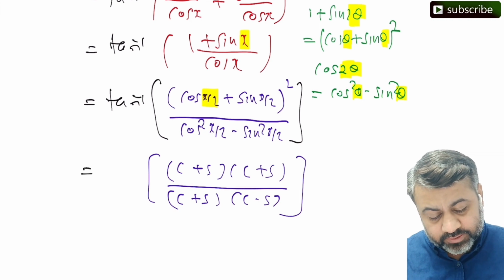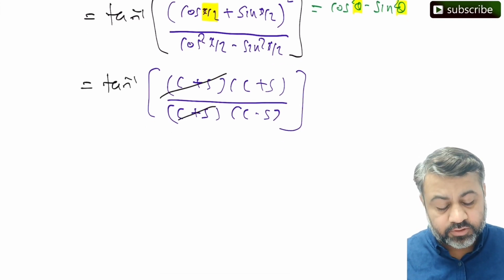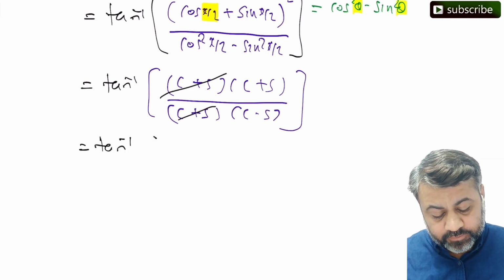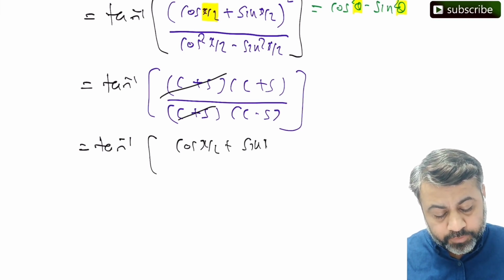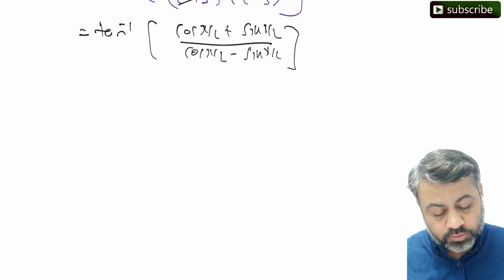Now you realize that we can very easily cancel out cos plus sin, right? So what is left after doing this? We are left with tan inverse of cos of x by 2 plus sine of x by 2 upon cos of x by 2 minus sine of x by 2.